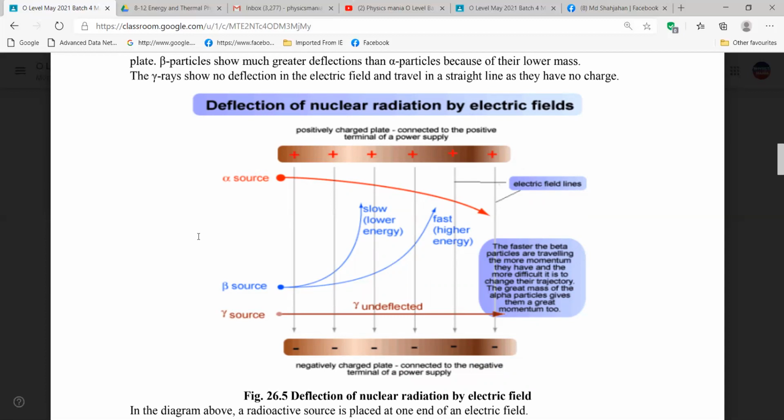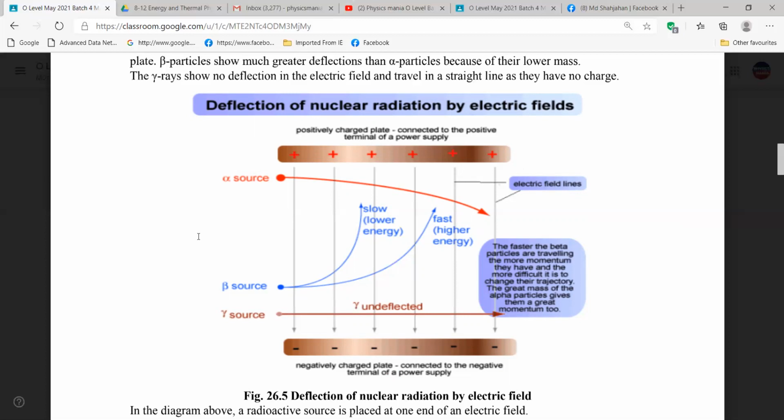Alpha particles are repelled by positive charges because alpha are positively charged. Is it clear? Yes, sir. Secondly, beta have negative charges, that's why they are repelled by negative charges and attracted by positive.